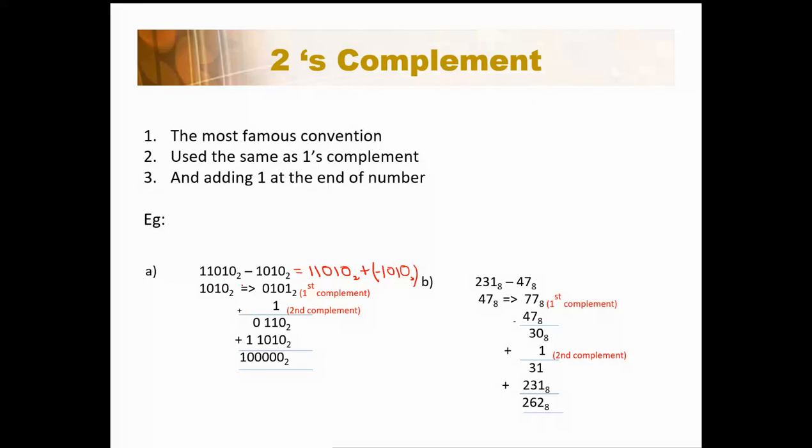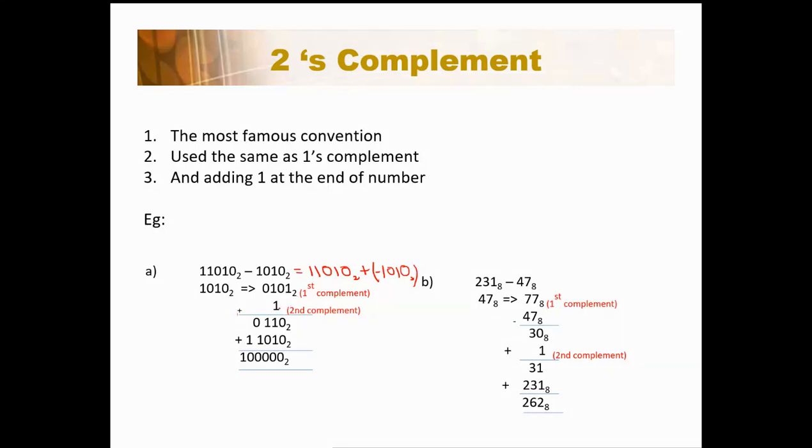Okay, you use two's complement. Therefore you have to do the first complement. So you complement 1 becomes 0, 0 becomes 1, 1 becomes 0, and 0 becomes 1. This is what we call the first complement. You just invert the bits, from 0 to 1 and 1 to 0. Then don't forget, you have to add 1 at the end of the number.